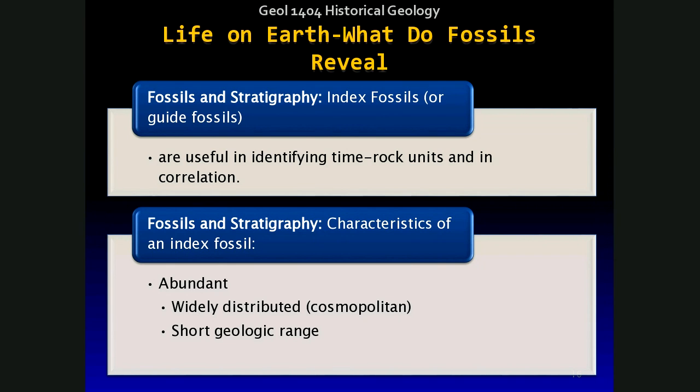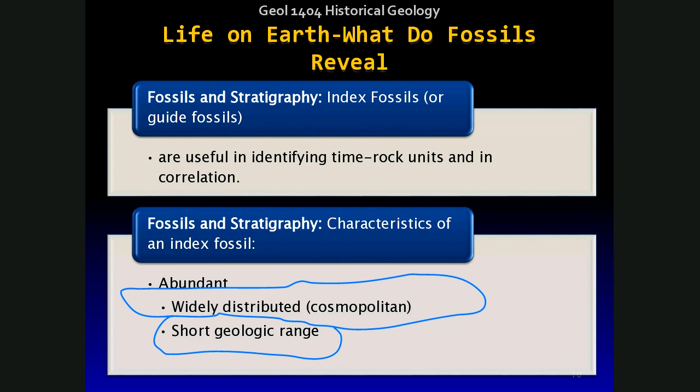So if an organism lived on several different continents, that is, widely distributed, but lived only over a very short geological range, that is, first appearance and last appearance during the geological time is the range.